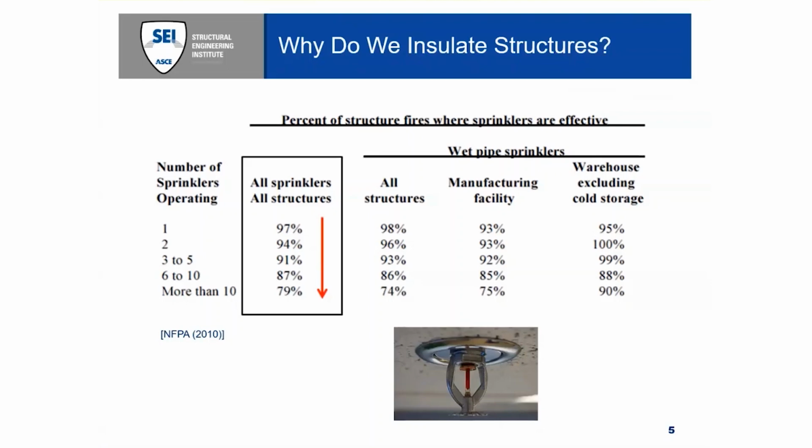And they're not like how you see in the movies where they all go off. They're actually hydraulically designed for only a very small number or cluster of sprinkler heads to go off to control a single ordinary fire. So as the fire size increases, the reliability of the system decreases.